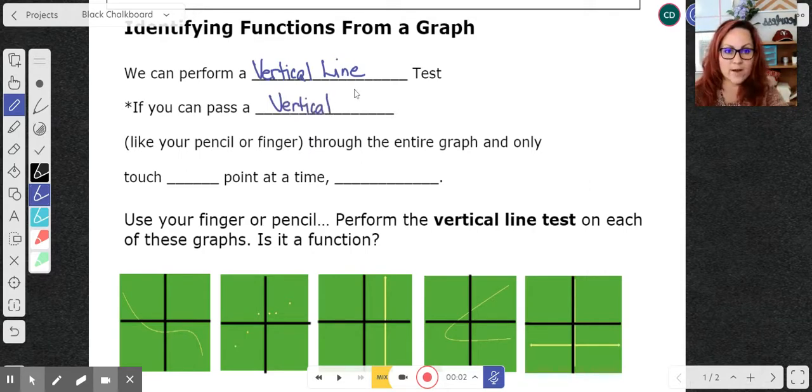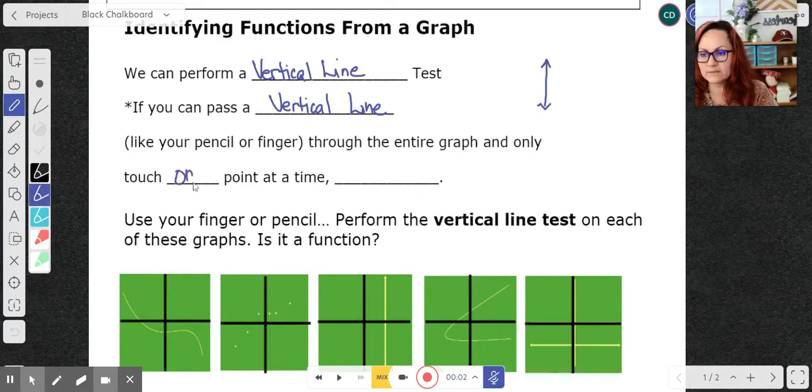Horizontal is like the horizon, right? So if you can pass a vertical line, like a pencil or your finger, through the entire graph and only touch one point at a time, it is a function.